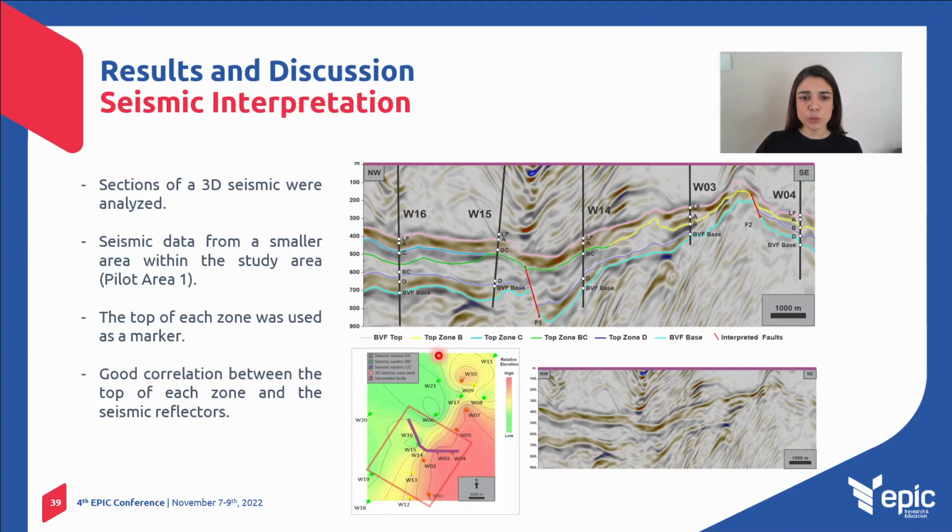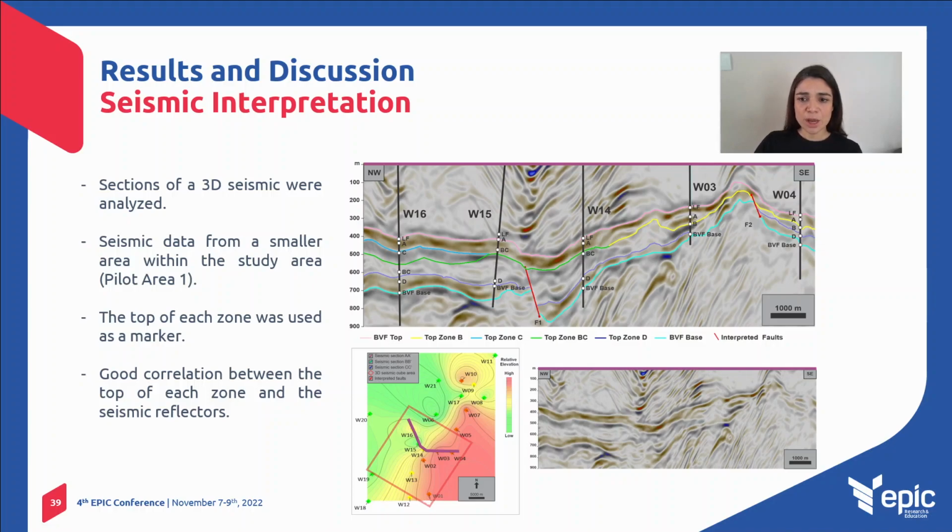And here is one example of the analyzed sections, and the section is indicated here in purple on the map. So the top of each zone was used as a marker, and the zones seem to have a good correlation with the seismic, since the top of each zone seemed to follow one same reflector.